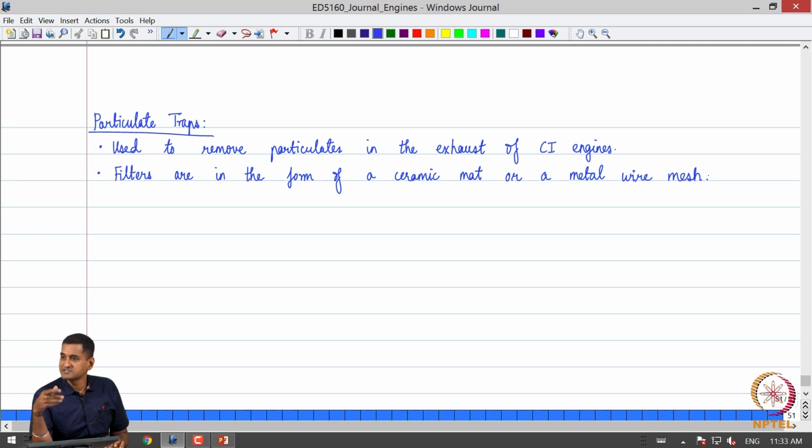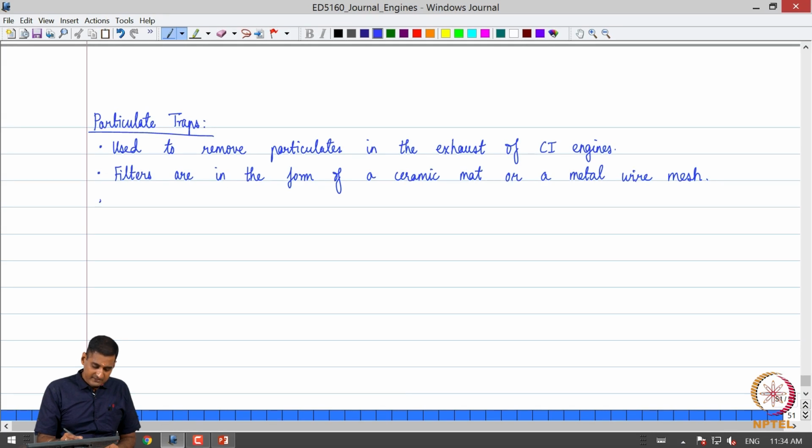As the particulates start getting collected in this mesh, they are going to block the flow of exhaust, and that is going to increase the engine back pressure, which will then potentially affect the engine operating conditions and performance. So, we need to ensure that these traps are periodically cleared of the particulate matter. That is a challenge for the operation of these particulate filters.